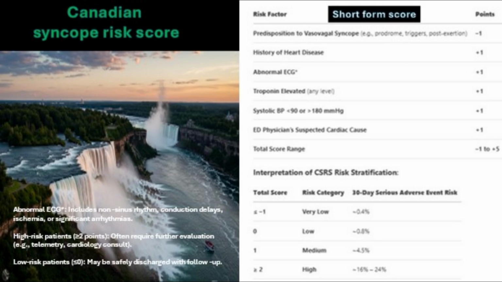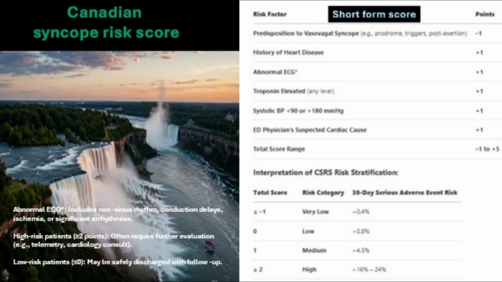It is not intended for use in patients with prolonged loss of consciousness greater than 5 minutes, altered mental status, witnessed seizure, major trauma, intoxication, language barriers, or head trauma causing loss of consciousness. The CSRS incorporates 9 predictors derived from clinical evaluation, investigations, and the emergency department diagnosis. These predictors are assigned points, contributing to a total risk score.